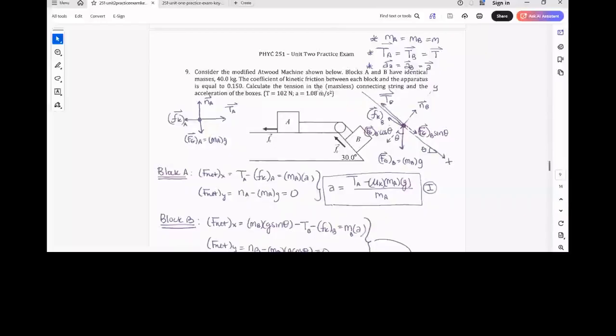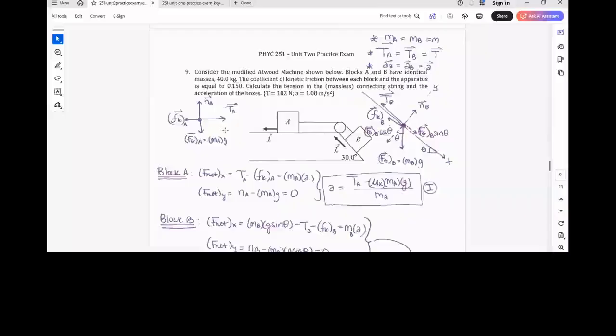Again, we're assuming that this apparatus has a bunch of massless strings, and it's not commented on here, but you should assume that you're dealing with an idealized pulley unless you're told something to the contrary. So the pulley produces no friction, the pulley has no mass, thus it costs no energy in order to start turning.